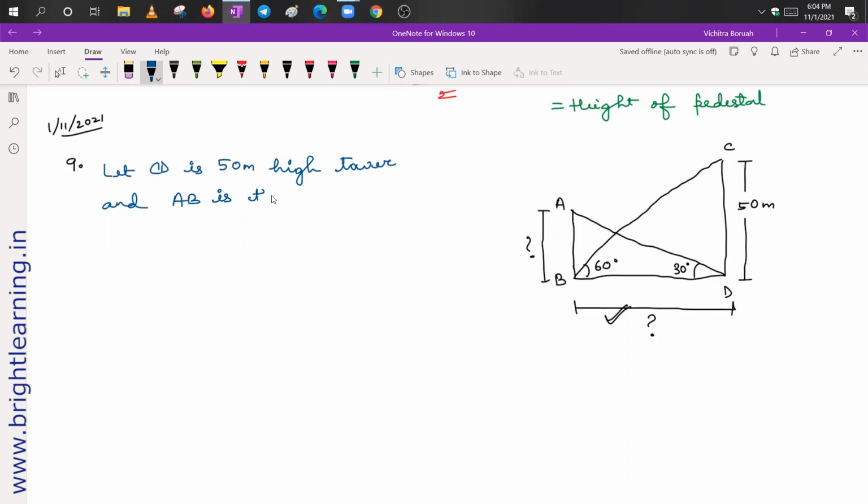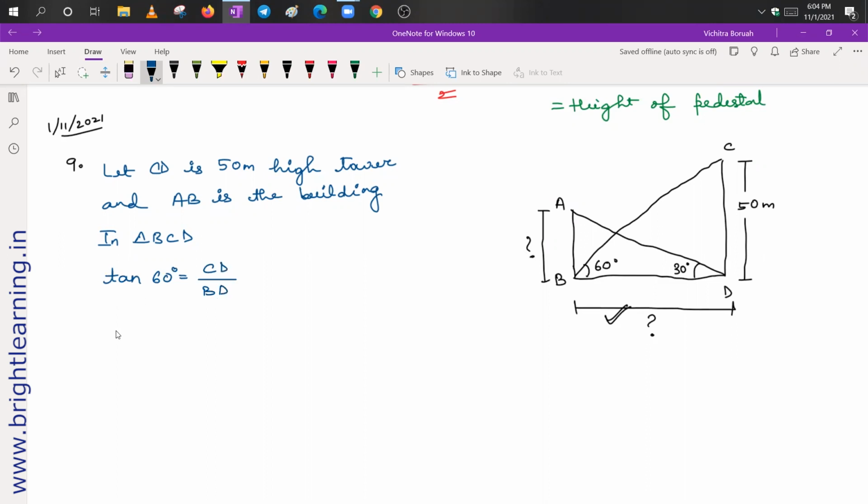Now first, in triangle BCD, we know the height, and we have to find a distance, so here we will use the trigonometric ratio tan. Because tan theta is equal to perpendicular upon base. So here we can use tan 60 degree, which is equal to perpendicular, that is CD, upon base BD.